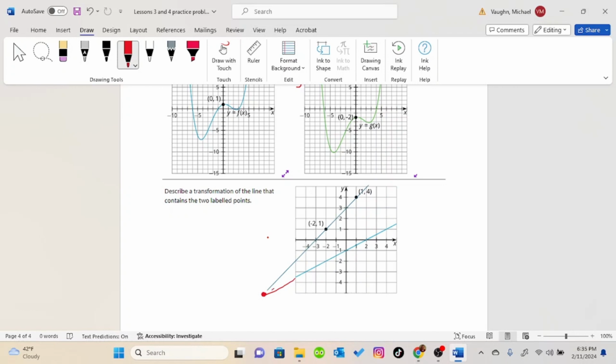And then we could say there's an imaginary line going down the center, and we would need to reflect across this dashed line that I created.